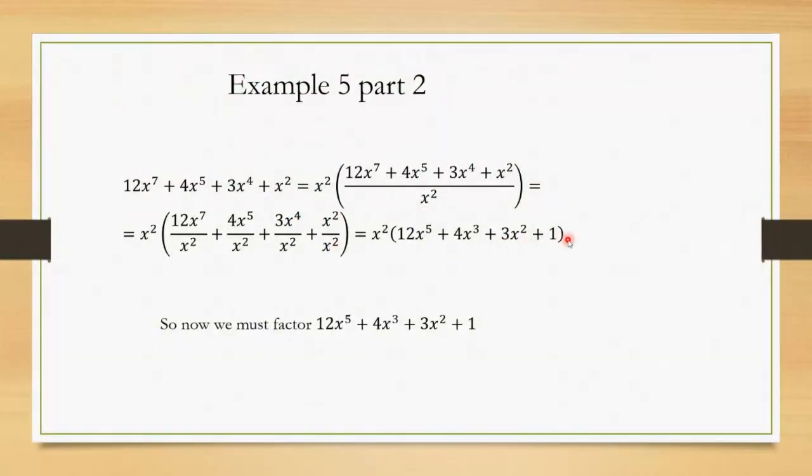X squared over x squared is just 1. So this is what we get here. Now what we end up with is this polynomial in here. And remember, once you factor out the GCF, the GCF of what's left over in parentheses in the polynomial has to be 1. I think I mentioned that last time.